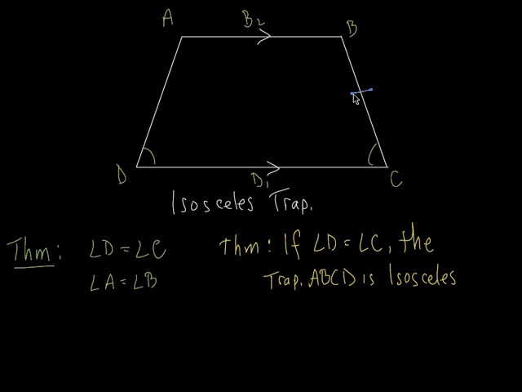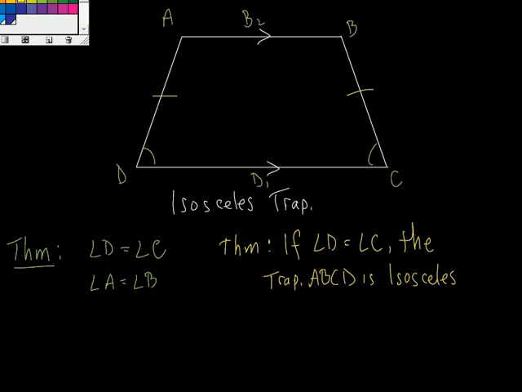So we didn't know that this and this were equal to each other. The only thing we knew was this angle and this angle were equal to each other. So if I have a trapezoid, just an ordinary trapezoid, and I make this angle equal to this angle, that's going to make this automatically isosceles. So if these two angles are equal, then guess what? Those two sides are equal, which makes it isosceles. Make sense? Okay, let's do another one.